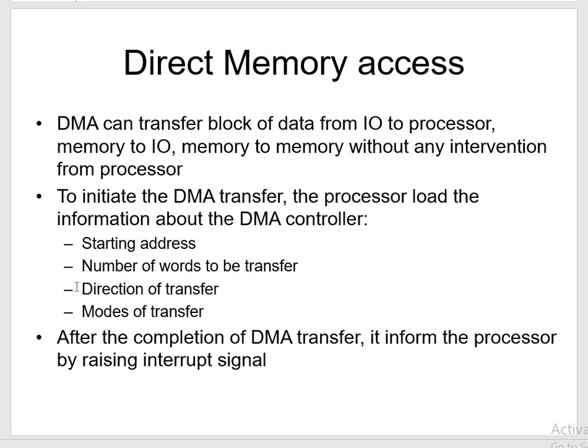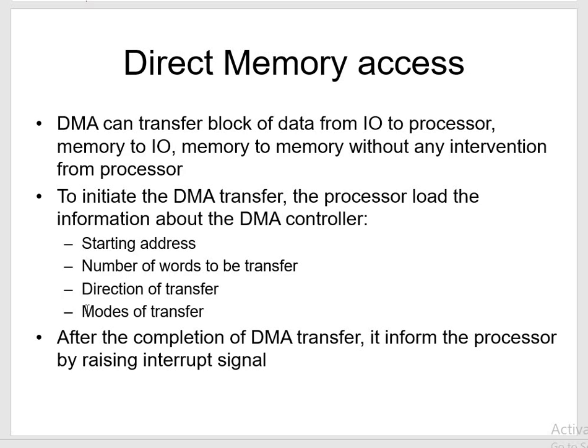Then what will be the direction of the transfer? Here the meaning of the direction of the transfer is whether the data will be transferred from memory to memory, or memory to IO, or IO to memory. So the direction of the transfer of the data will also be decided, or loaded, by the processor. And in which mode the data will have to be transferred.